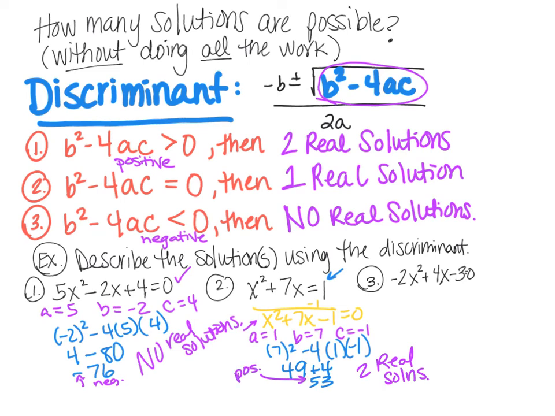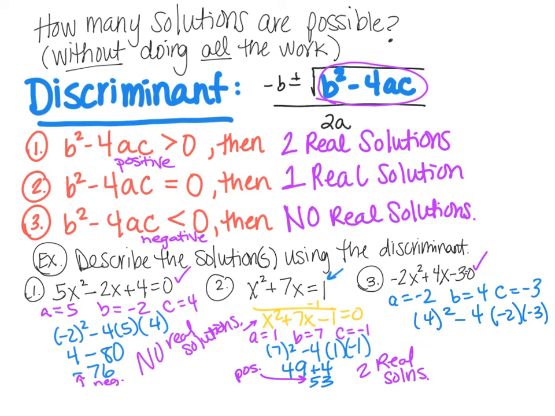All right, let's try our last one. Just make sure that we've got it all done here. Make sure that it's set equal to 0, which it is. I'm going to find my A, which is -2, my B, which is 4, and my C, which is -3. Now I'm going to go through and do my formula here. So I'm going to have 4 squared minus 4 times -2 times -3.